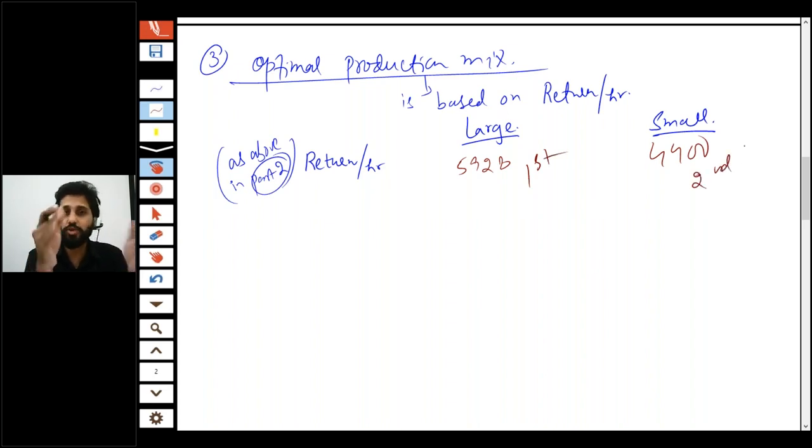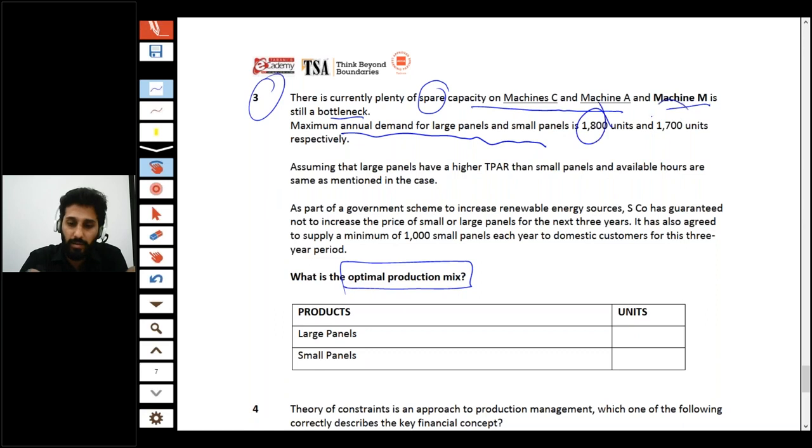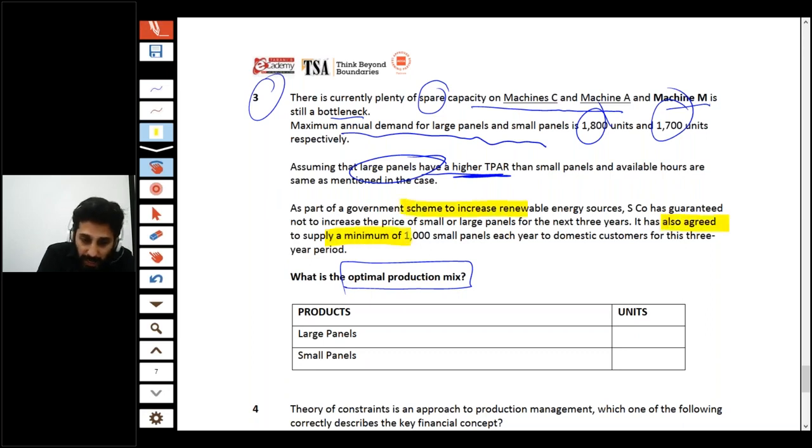So initially it should be produced first, but there is another requirement here. There is currently plenty of spare capacity on machine C and machine A, and machine M is still a bottleneck. Maximum annual demand for large panel and small panel is 1,800 and 1,700. Large has the highest TPAR, but as part of the government scheme, it has agreed to supply 1,000 small panels each year.